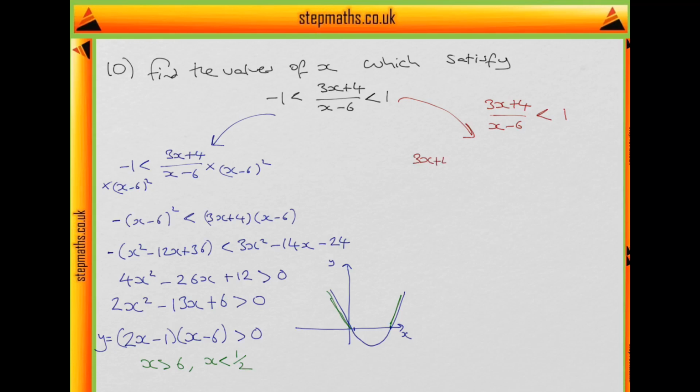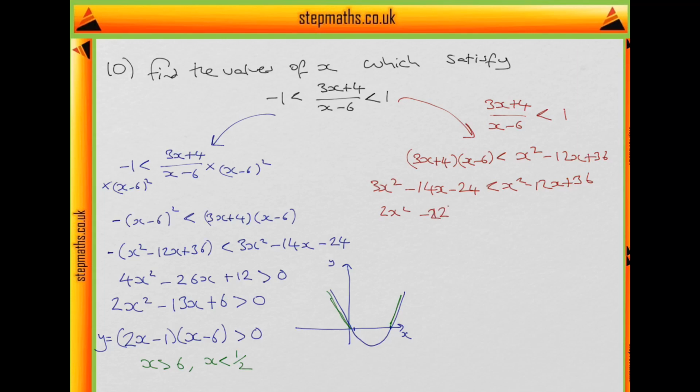So we get (3x plus 4)(x minus 6) is less than, well, let's expand it out straight away because we know the expansion already: x squared minus 12x plus 36, which is just (x minus 6) all squared. Expanding the left-hand side gives us 3x squared minus 14x minus 24 is less than x squared minus 12x plus 36. So we bring our x squareds over and the minus 12x over.